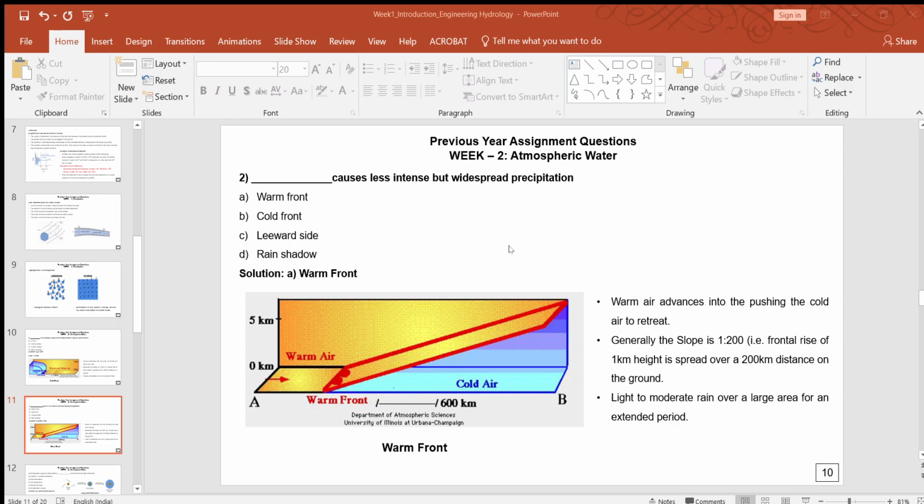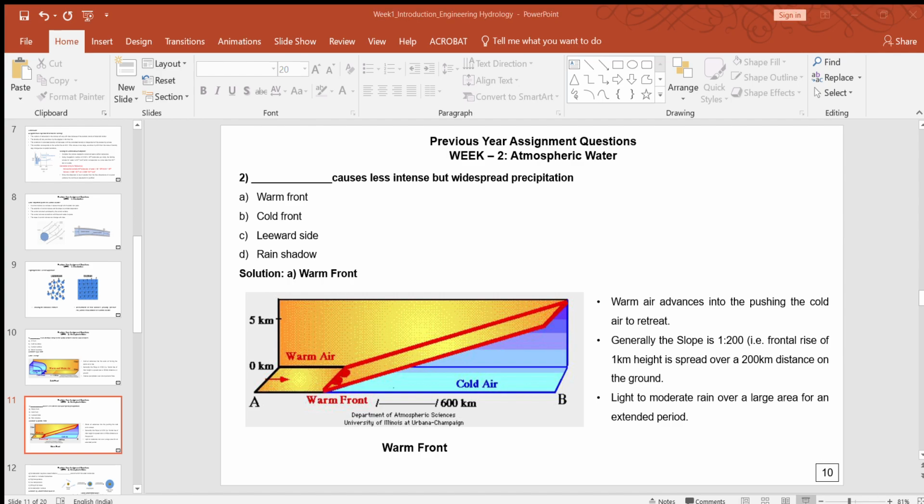So you can see here, right? Your cold air remains still, but the warm air starts rising because of the density difference. Cold air is heavier than your warm air, and as it rises, it starts condensing and it forms the clouds, and then it rains. But if you see the kind of slope, it has a very flat slope, and it extends for a large area.